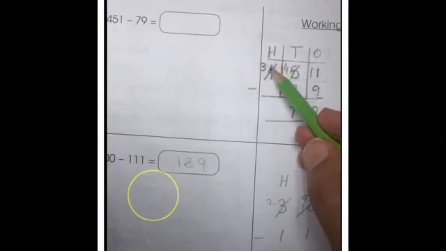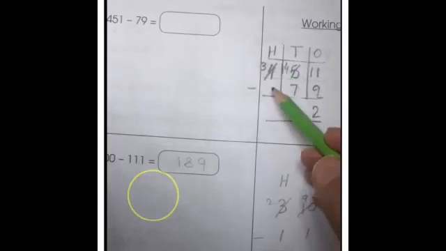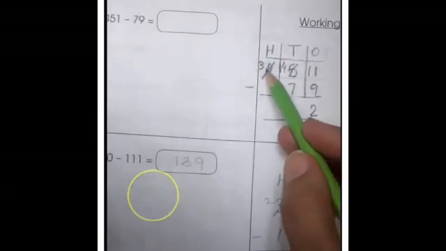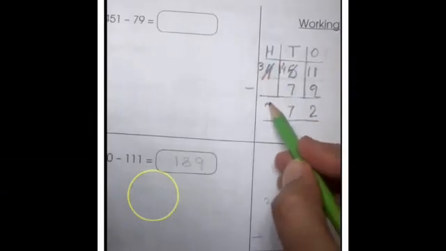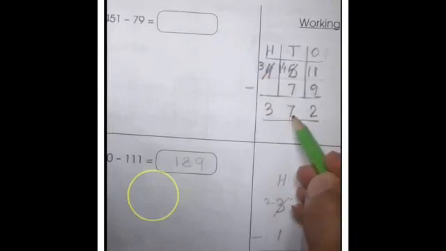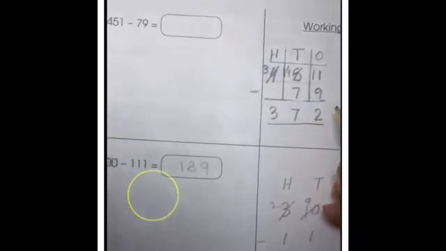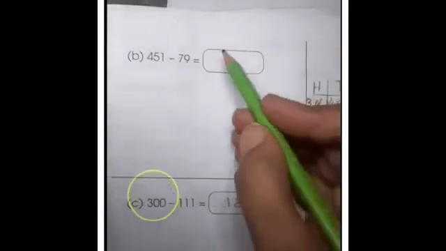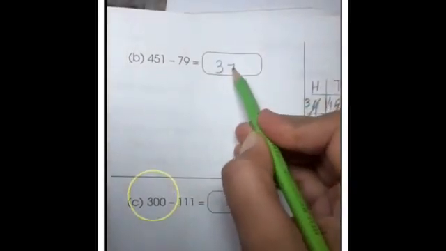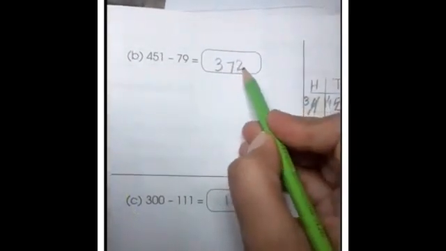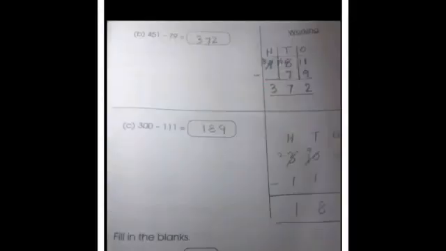There is only 3 and nothing, any number below 3. Now you can write this number the same way. 372 is your answer. You can write this answer over here. I hope you can solve the remaining parts.